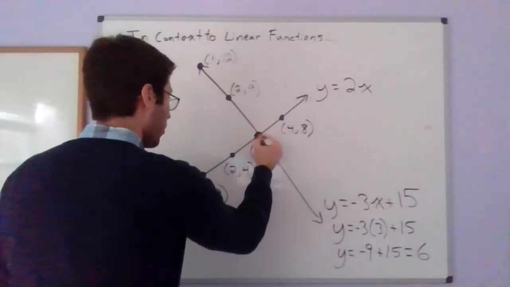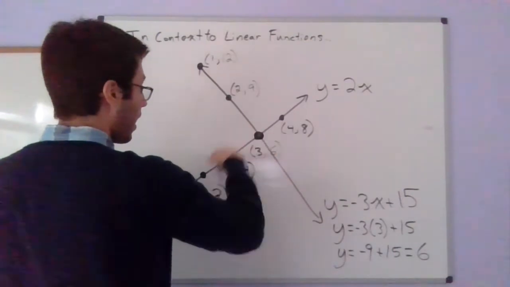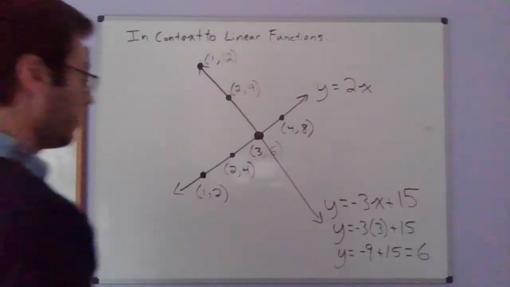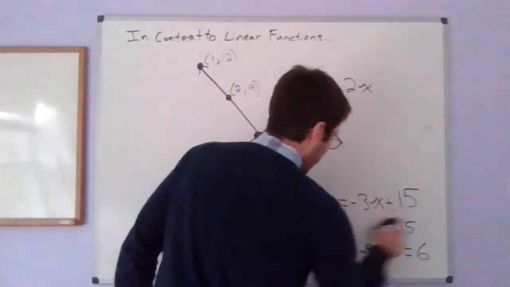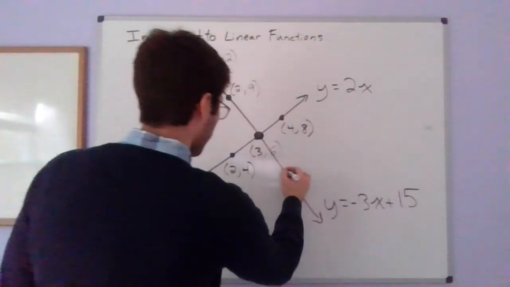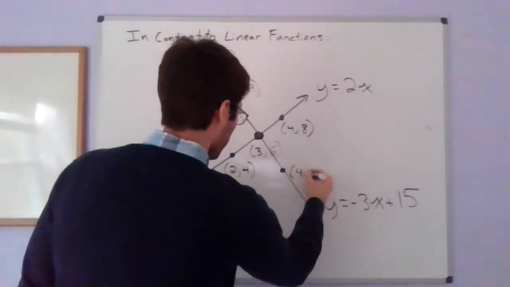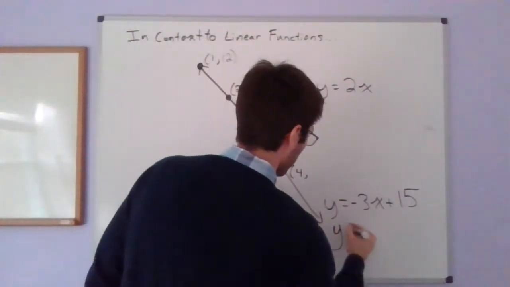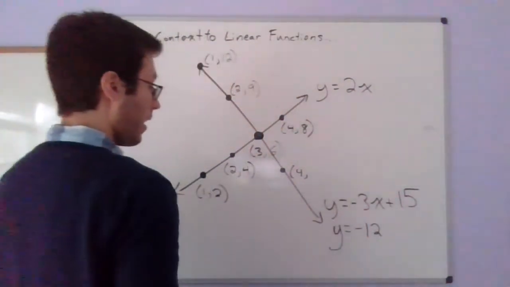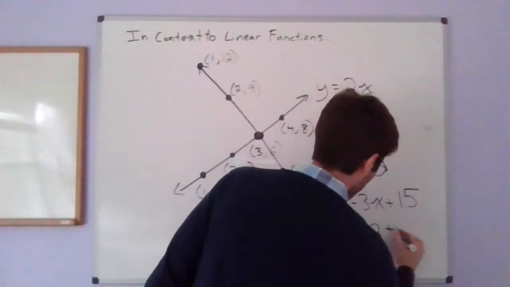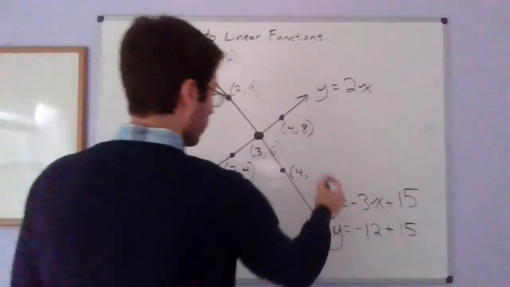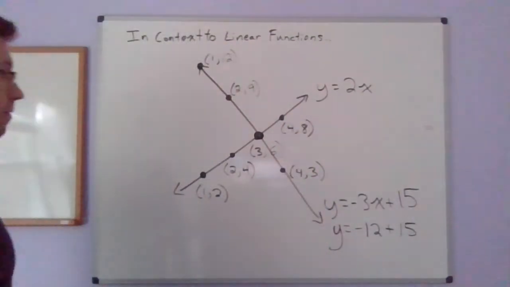So we see that the point 3, 6 is actually on this one and that one. Let's keep going. When we plug in the value 4, it spits out minus 12, because 4 times a minus 3 is negative 12, plus 15. So it's 15 minus 12 here, so that number is 3.